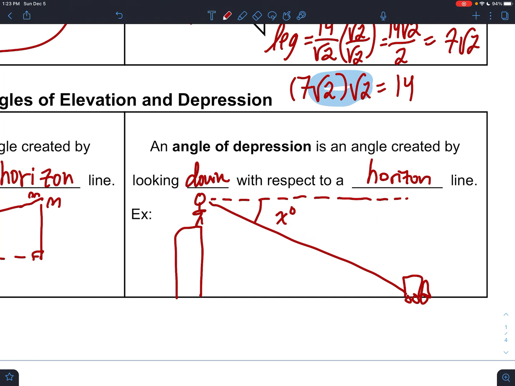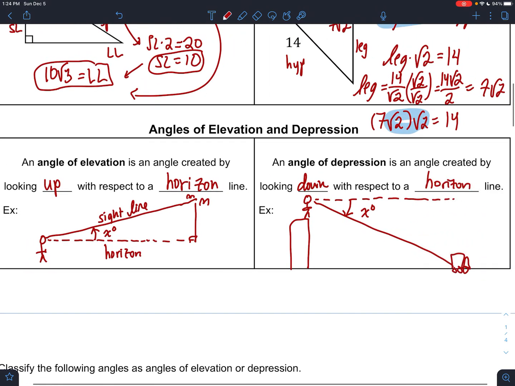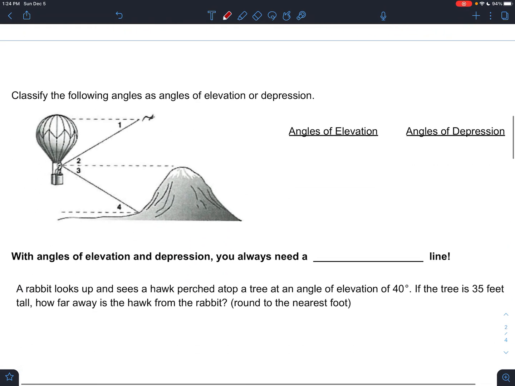Some people will just draw it like this. I don't think that's actually correct, but drawing an arrow shows that you're coming from the horizon line and looking down. And I did that same sort of arrow over here. It also helps you categorize elevation versus depression.